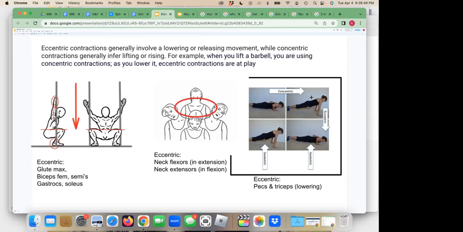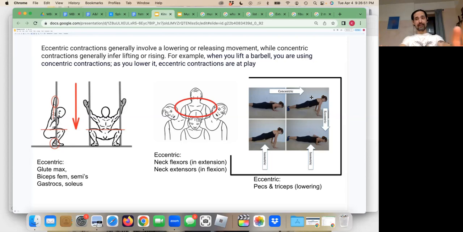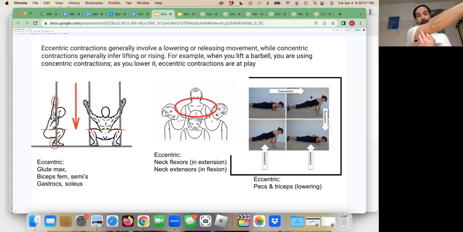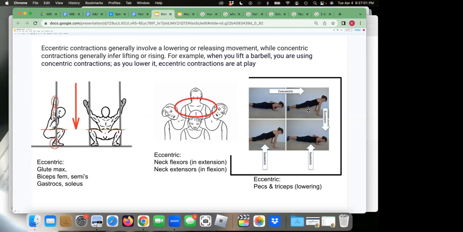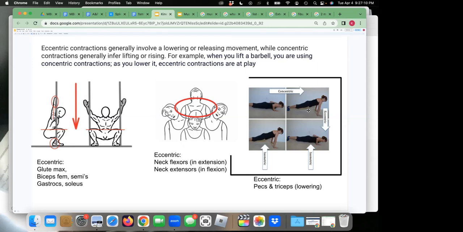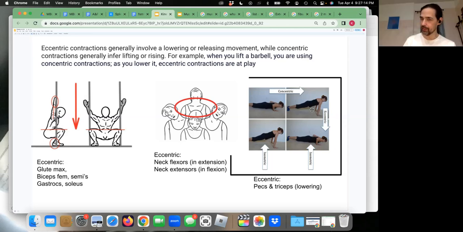So if you're pushing into the floor, it's not your biceps that are working. It's your pectoralis muscles. It's your triceps for the elbow extension. It's also your pecs, and to a lesser extent, the anterior shoulder muscles, the anterior delts. So why does this say concentric, going from a low plank to a push-up, pushing away from the floor?